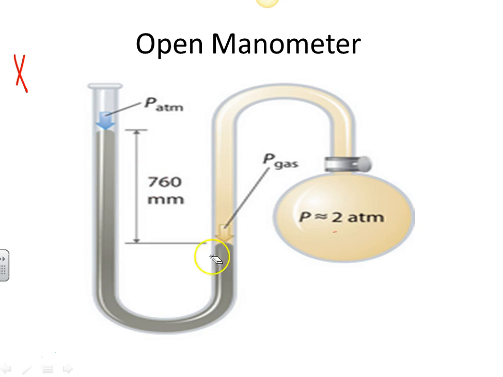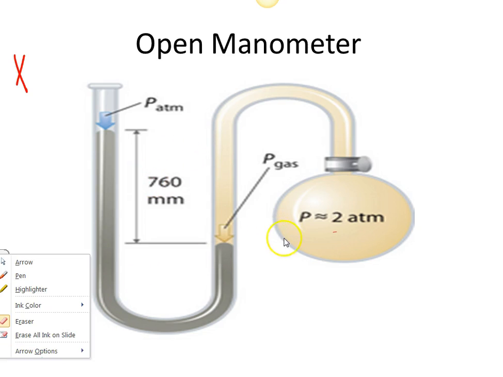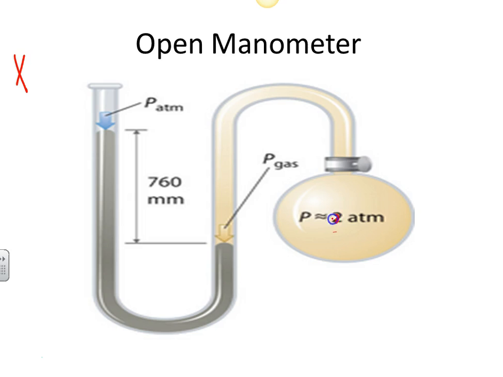So let's imagine that we have this scenario where I'm going to mark this out. Let's imagine we don't know that. We've got an atmospheric pressure pushing here, and let's say that is 1 atmosphere.